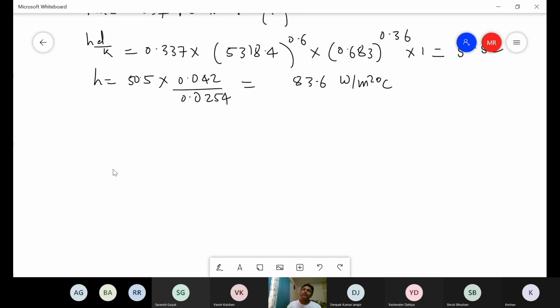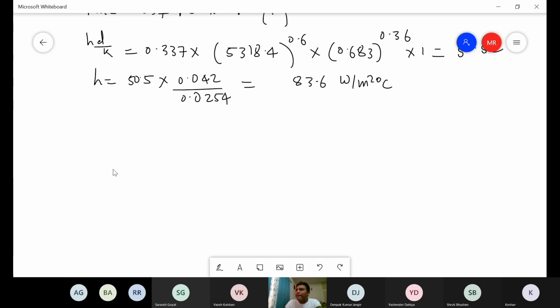The heat transfer to the fluid flowing through the tubes can be given as hA delta T LMTD, because the temperature difference is varying as we move along. Whereas the heat lost by the hot fluid, that is the flue gas, can be given as m Cp dT, isn't it? So that balance we can make here.